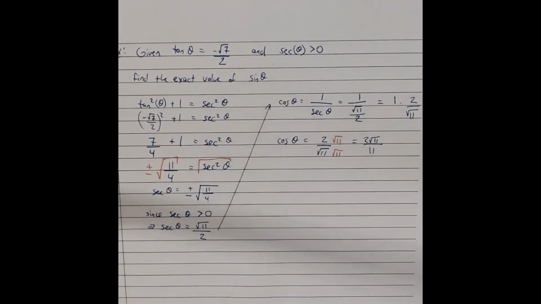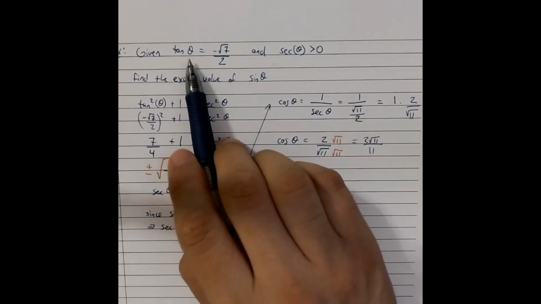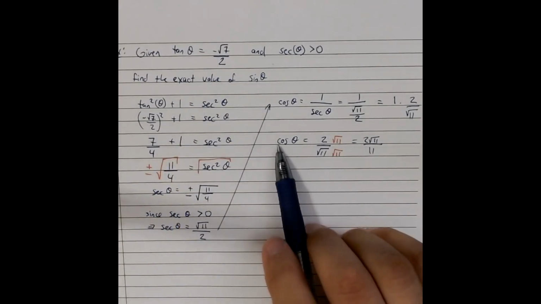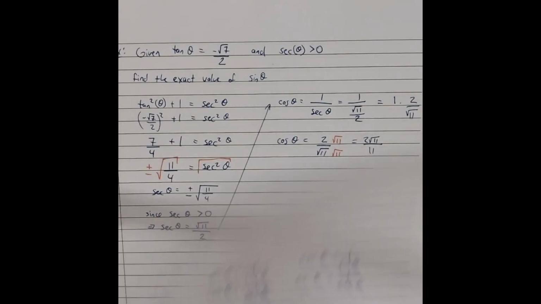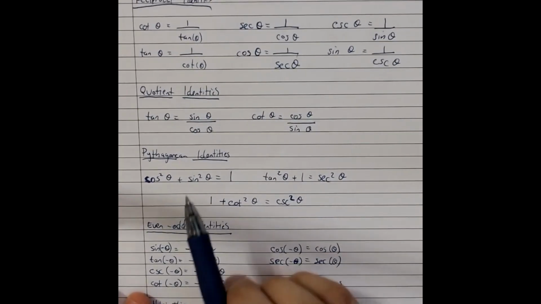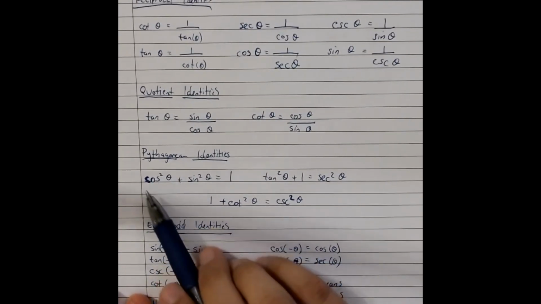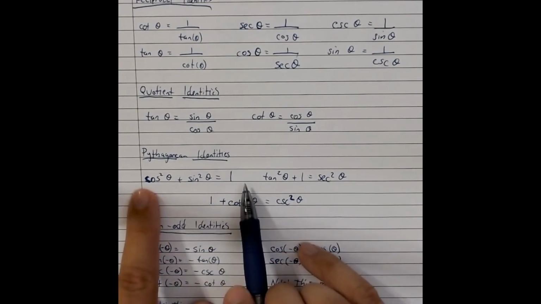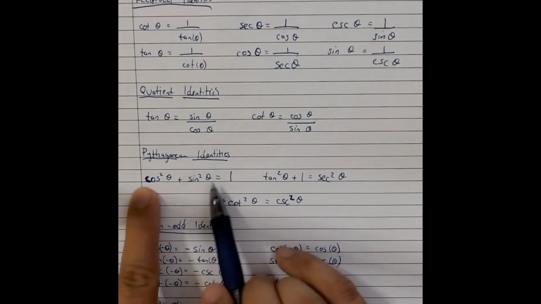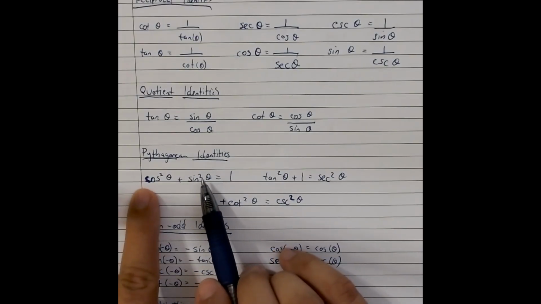Well, now the question was to find the sine of the angle theta. Well, there's a couple of ways I might be able to do that now. Notice I have tangent of theta, and I have cosine of theta, and I want to find sine of theta. Well, I have a few different ways that I might try that. For example, I have the cosine of theta. I can use this Pythagorean identity to find the sine of theta, and that'll work.